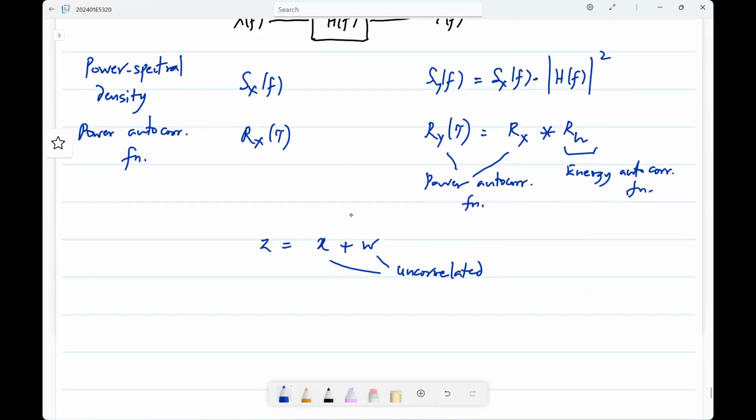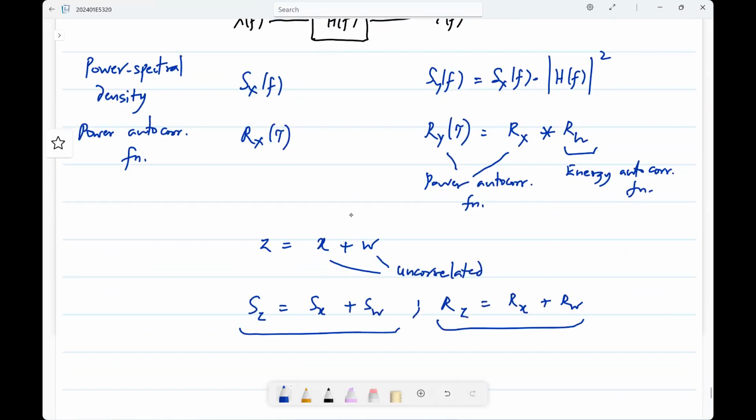So if these are uncorrelated, then Sz would be Sx plus Sw. Okay. Now, obviously, this means that the autocorrelations also simply add up. Okay. Any questions here?